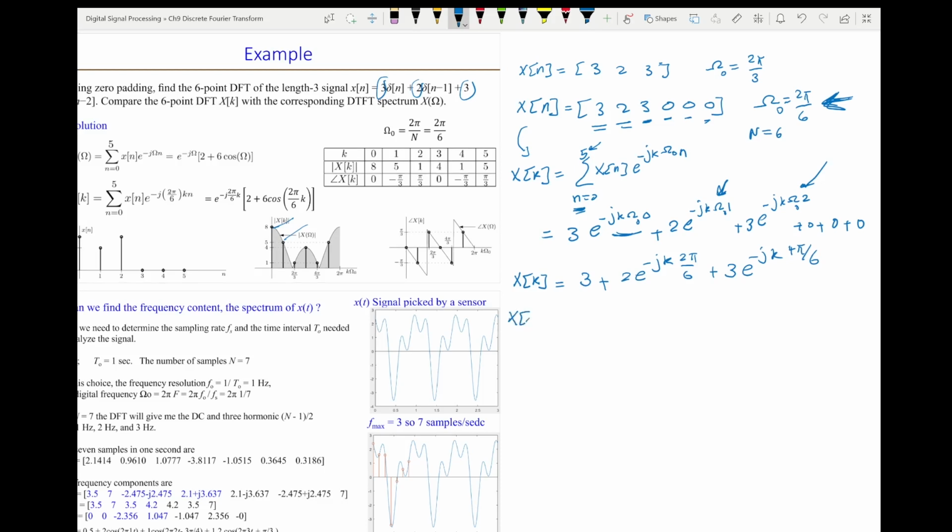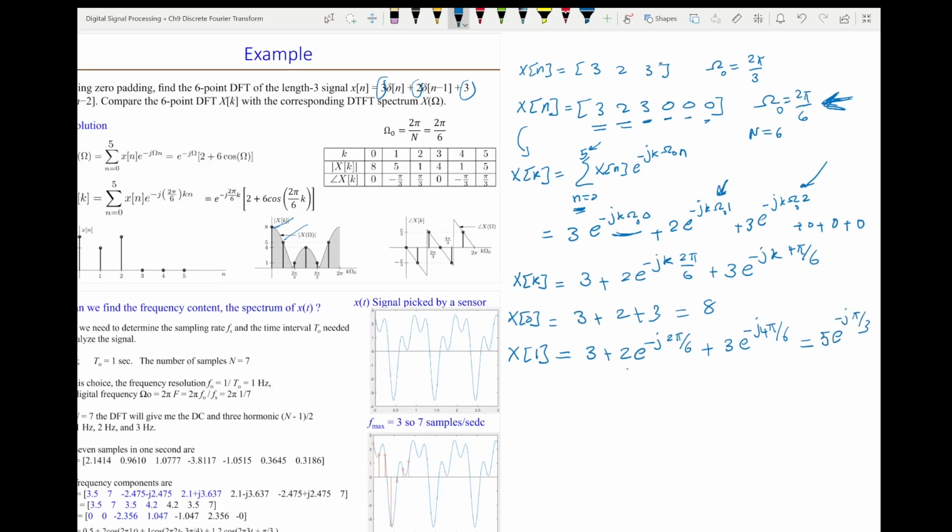So x DC will be 3 plus 2 plus 3. If I want to find the strength of the first harmonic, that will be 3 plus... And if you use your calculator or convert these to rectangular form, add, and convert them back to polar form, you should get the following.